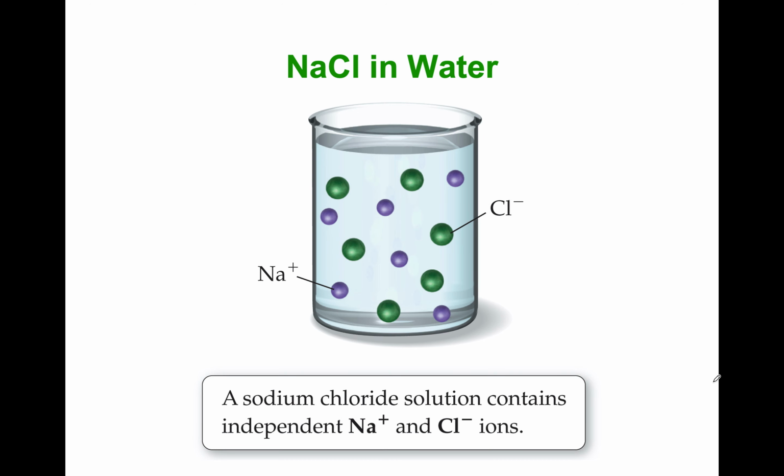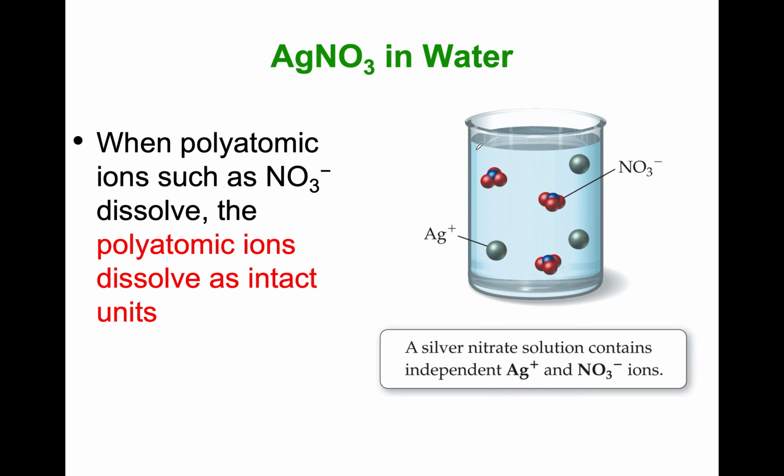So sodium chloride, you've seen this. You've worked with this. Sodium chloride solutions are made up of ions that have separated. So there's no precipitate, no solid on the bottom. They're independent sodium and chloride ions. Another thing to note is we've talked about ionic compounds that are a little more complicated.